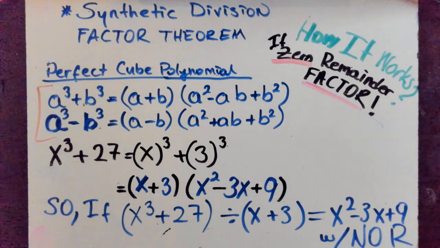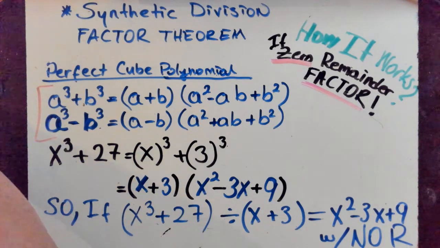So if I divide x to the third power plus 27 by x plus 3, my answer should be x squared minus 3x plus 9 with no remainder. So let's see if that's going to be the case.